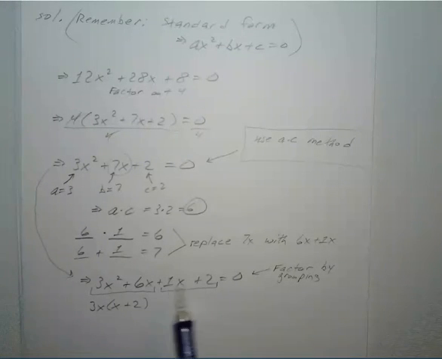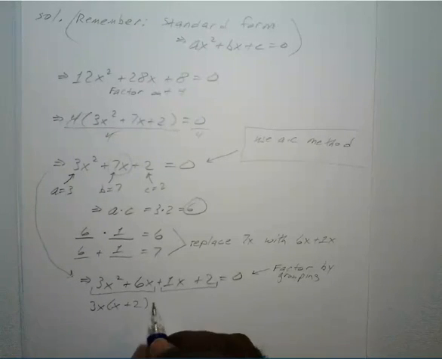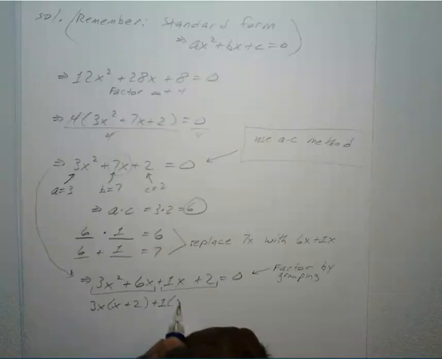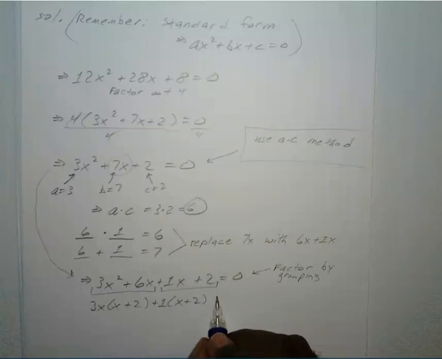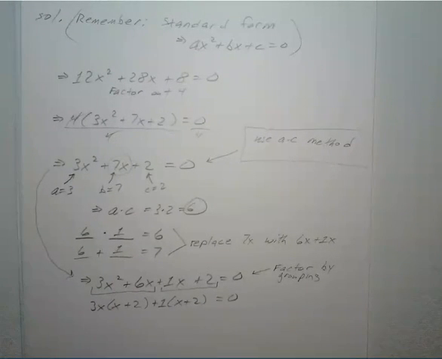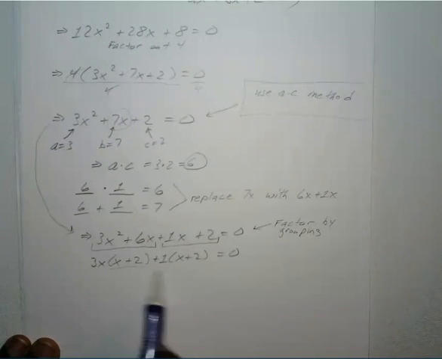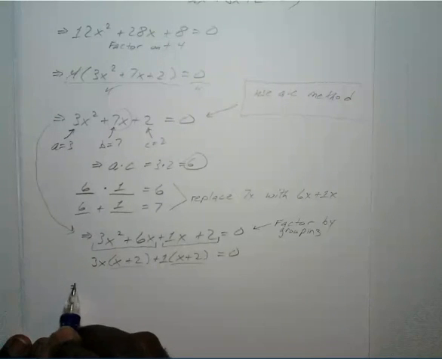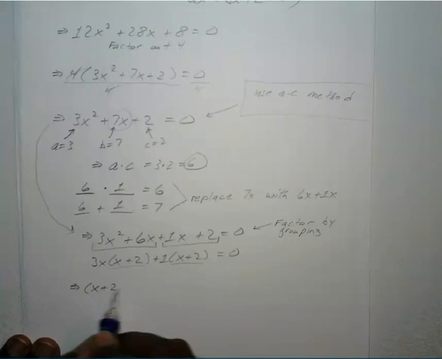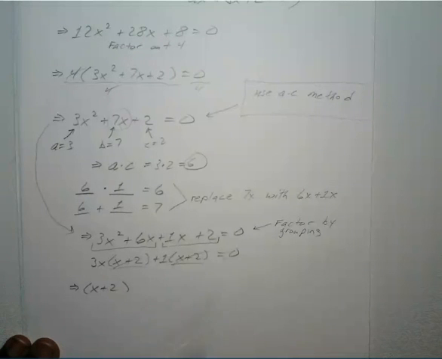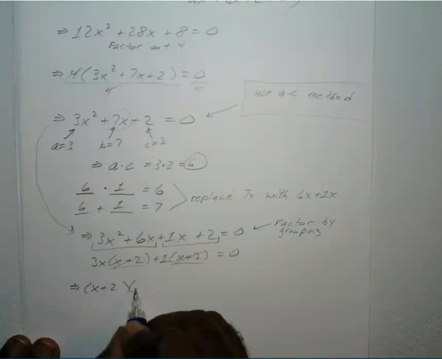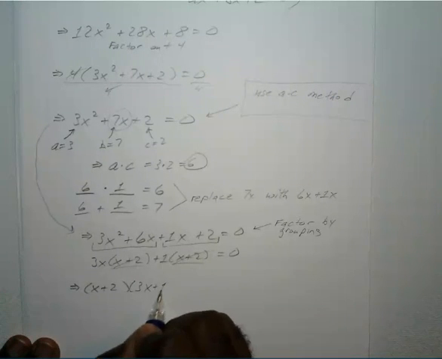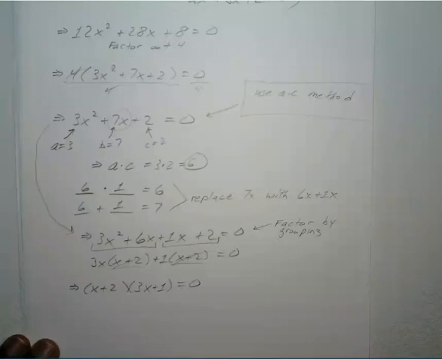And for this one, you can factor out a 1. So you have plus 1 times x plus 2 equals 0. Okay. Now, as long as your binomials match, you can factor those out. So you have x plus 2, and you can go ahead and cross those out. And whatever's left goes in the other binomial. So you have 3x plus 1 equals 0.